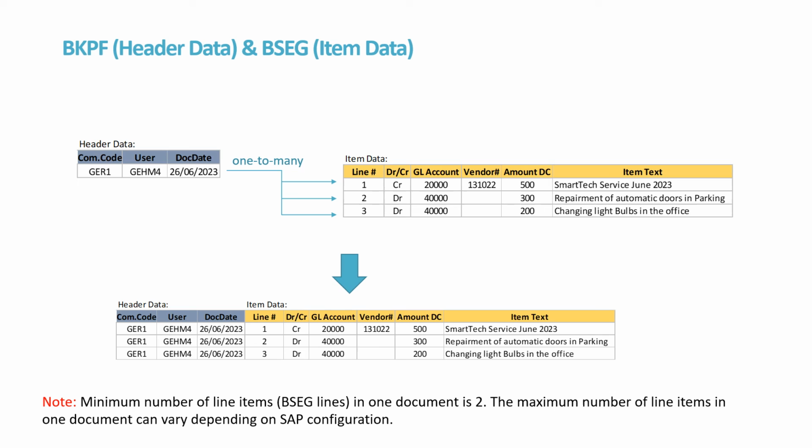Please note that the minimum number of line items in one document is 2. The maximum number of line items or BSEG lines in one document can vary depending on SAP configuration. For instance, in some companies, the maximum number of items may be limited to 50, while in others it could be set to 200 or even more.